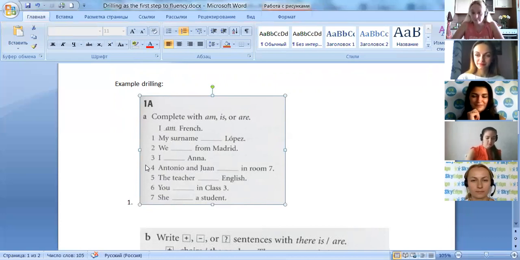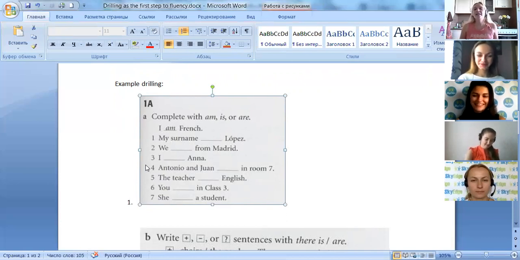I'm Anna. Good. Antonio and Juan in room 7. Antonio and Juan are in room 7. The teacher, English. The teacher's English. You in class 3. You're in class 3. She, a student. She's a student. Okay. What a brilliant elementary student I have. No mistakes at all. Definitely.